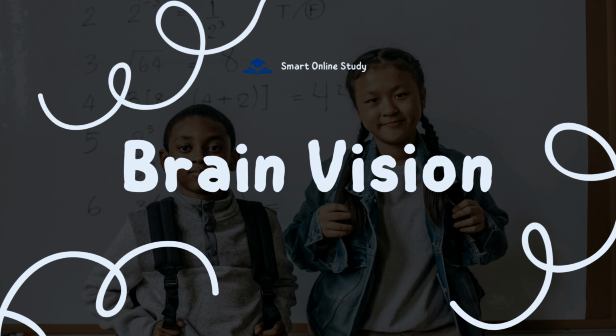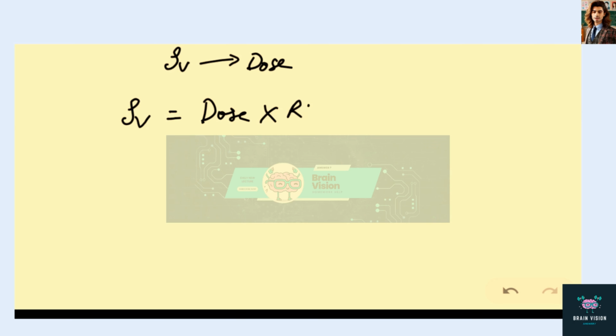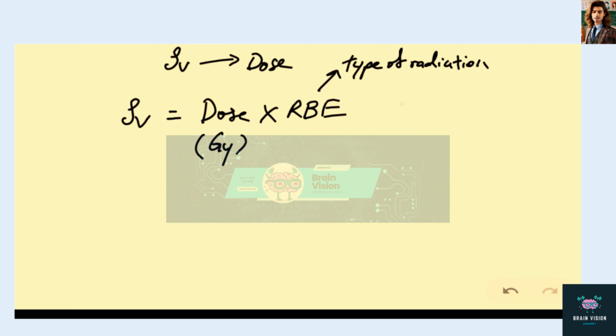For this question, basically we are converting from sieverts to dose. Now we first need to understand the relationship, right? Sieverts is equal to dose multiplied by RBE, where dose is in terms of gray, and RBE is dependent on the type of radiation. In our case, we are looking at gamma rays.